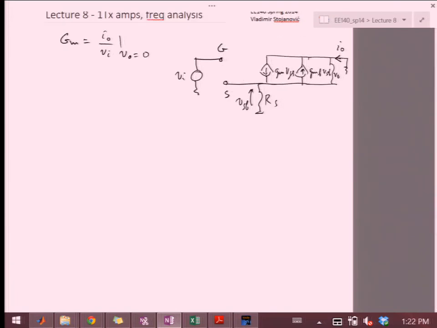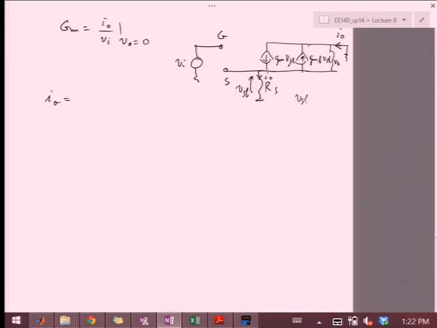So I'll just write a KCL in this case. So Iout, I'll write it as a function of this VSB. I know that Iout is also flowing here through RS. So that gives me that VSB is actually Iout RS. So my Iout will be gm times, instead of VGS, I'll write what it is.